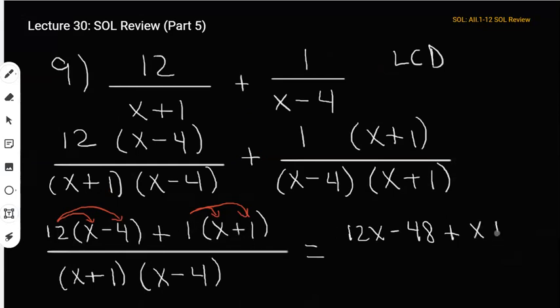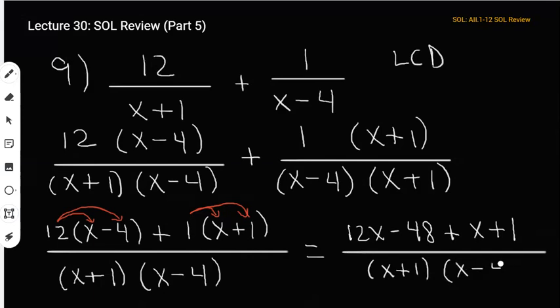I'm still going to have x plus 1. And the denominator is x plus 1, x minus 4. So now I've done the distributive property, and the only thing that's left to do is to combine like terms.